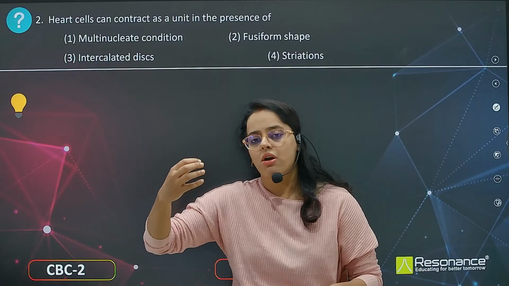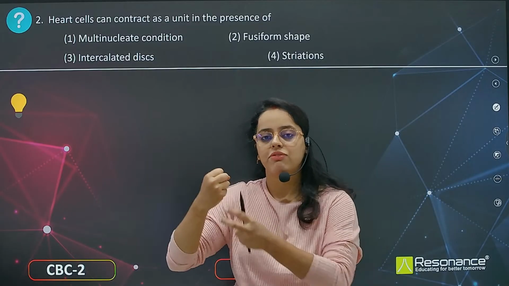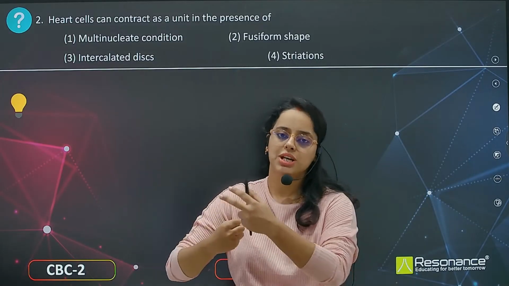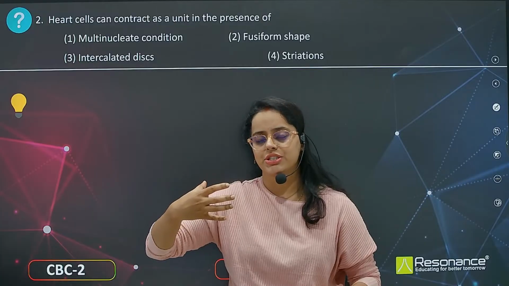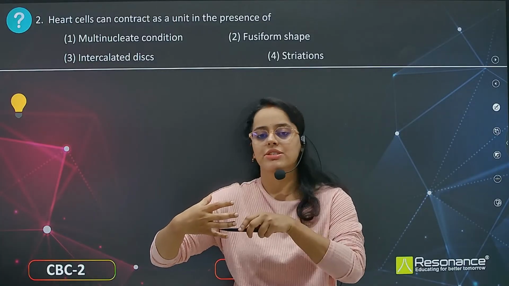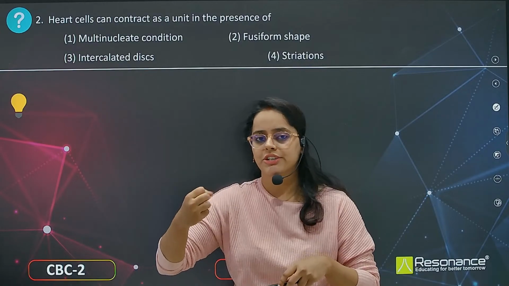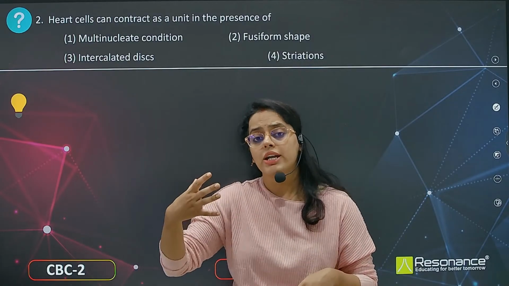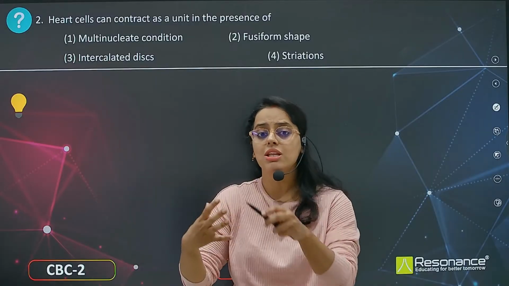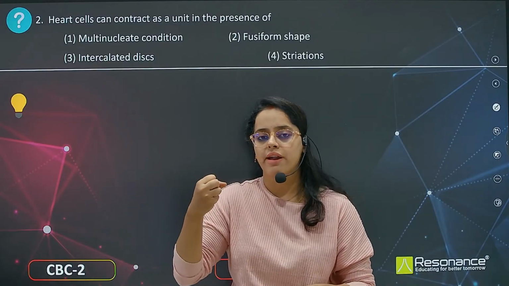So heart contraction results in blood flow to the different body parts, or blood flow to the lungs. Heart relaxation, what happens? The blood enters the heart from different body parts and lungs. Contraction and relaxation. So the heart has to function as a unit. All the muscles have to undergo the contraction process.